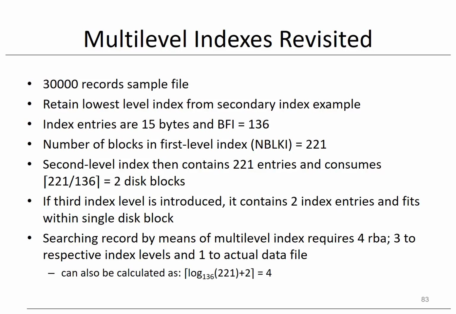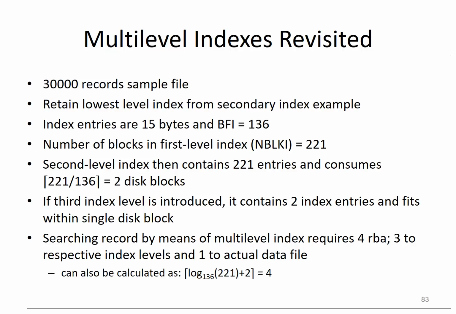The second level index then contains 221 entries and consumes the ceiling of 221 divided by 136, or 2 disk blocks. If a third index level is introduced, it contains 2 index entries and obviously fits within a single disk block.